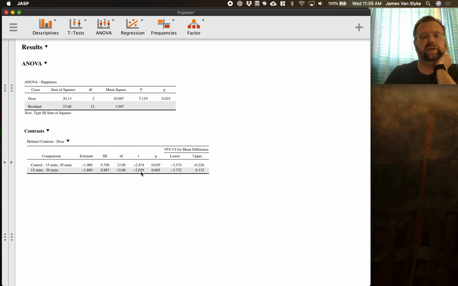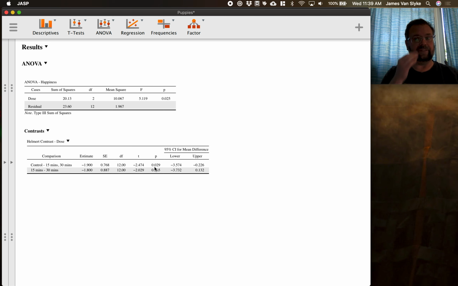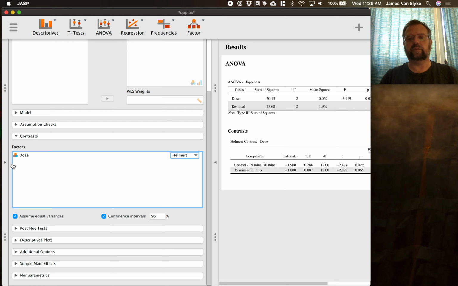There we go. When we look at the t, we notice that it is significant. So there is a significant difference between the control and the 2 experimental groups. And then the second contrast compared 15 minutes to 30 minutes. And that one is close to being significant, but not totally there. Notice how my p-value is slightly higher. So that allows me to know these differences.